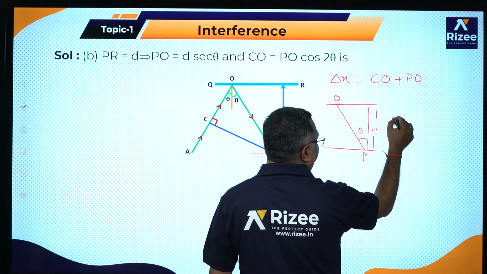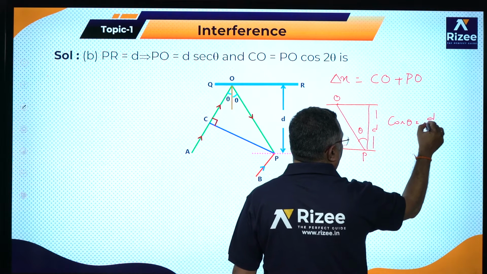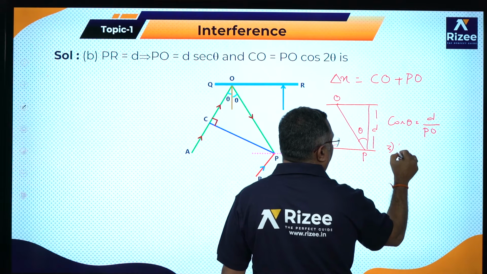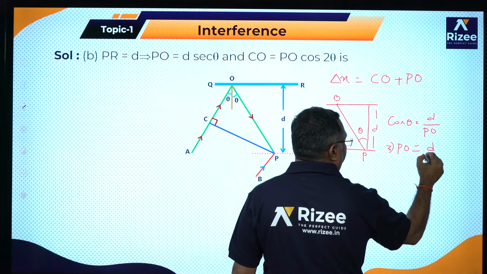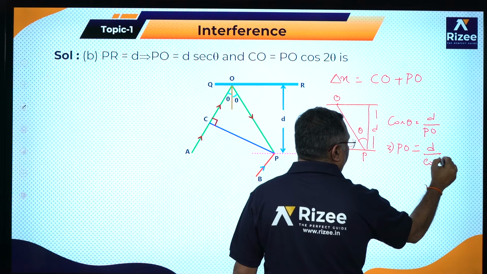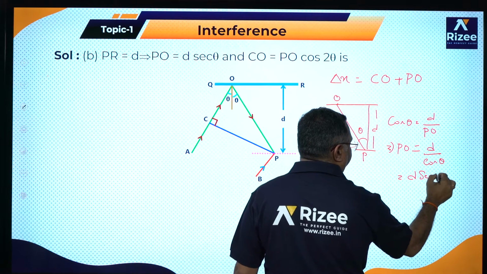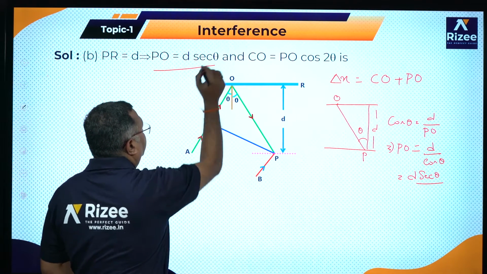From this you can obtain cos theta is equal to d by PO. So the PO value will be d by cos theta, which can be written as d secant theta. So the PO value is given.